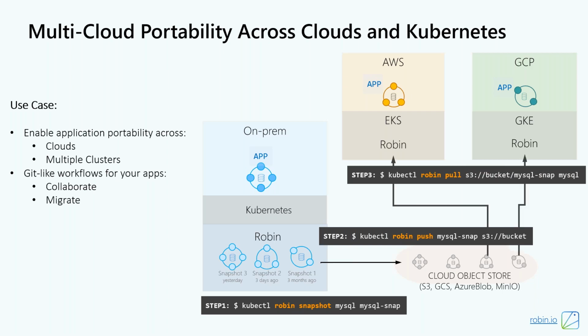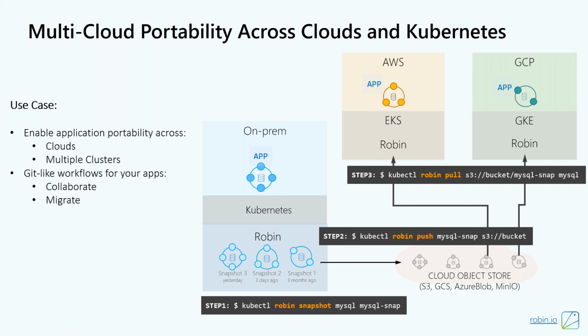So here, on the EKS cluster, you would simply say, Robin pull or Robin import backup from this bucket. And Robin will take care of the rest, right? It will get the entire application in its exact state running on EKS, even though the source cluster was running a different flavor of Kubernetes, right?